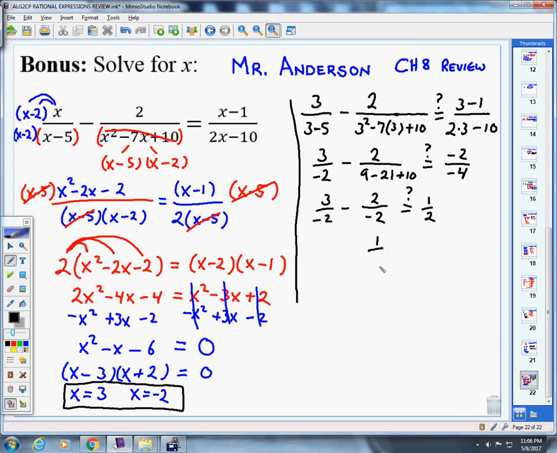And negative 2 and negative 2 is our common denominator. So that's negative 2. So does negative 2 equal a positive 1/2? All right, well, no, it doesn't. So it looks like this is no good.